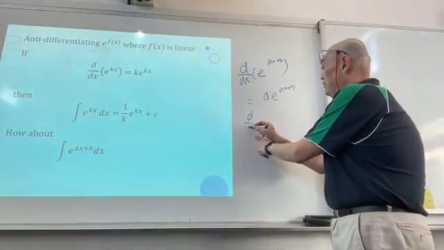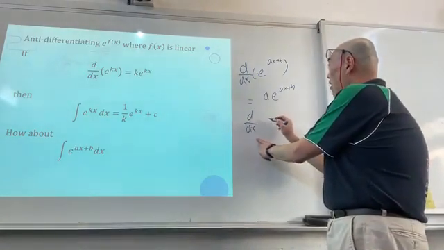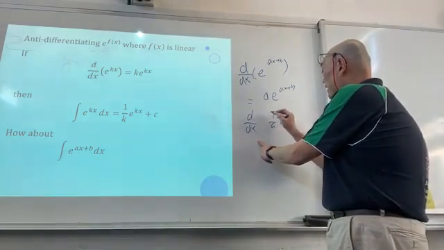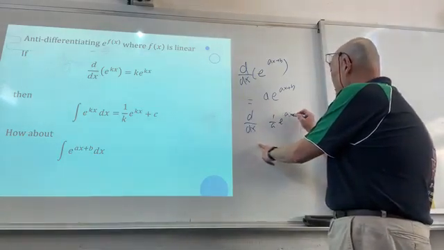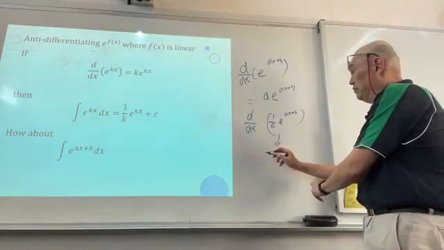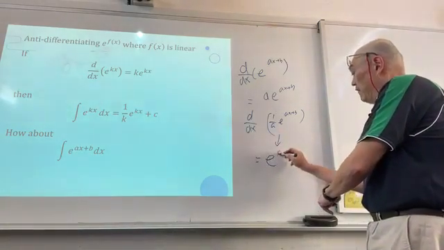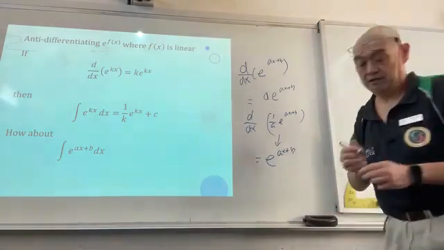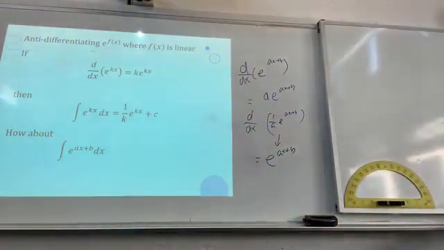Okay, let's have a look. If I do d/dx of 1 over a e to the power of ax plus b, that becomes e to the power of ax plus b, correct? So when you integrate, you need to have the 1 over a: 1 over a e to the power of ax plus b plus c.